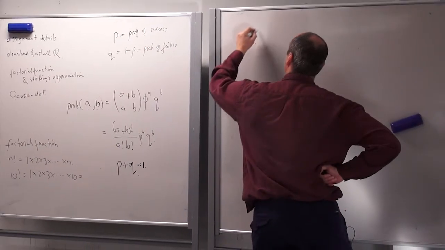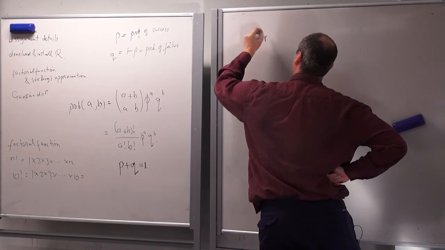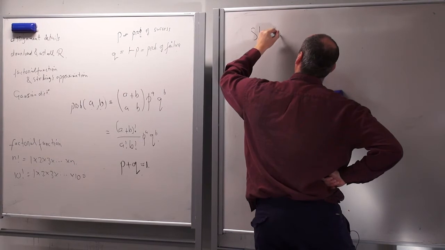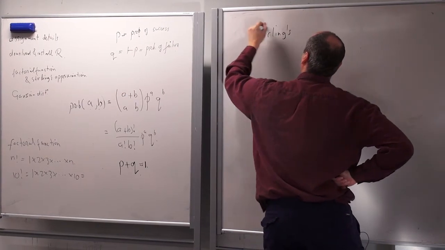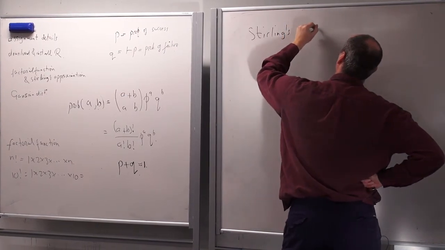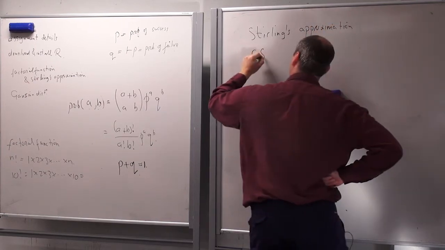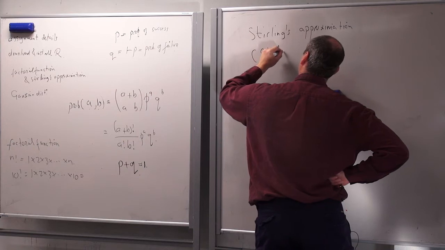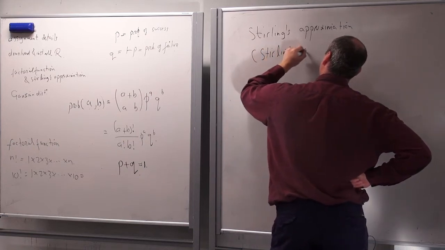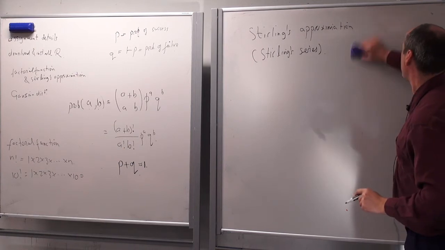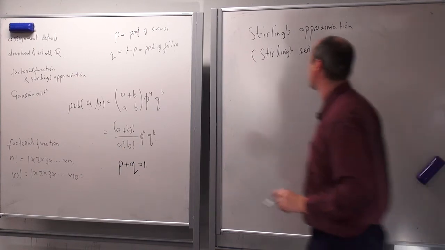And it is called Stirling's approximation. Sometimes you'll see Stirling series, and I'll cover the first two or possibly three members of the series.